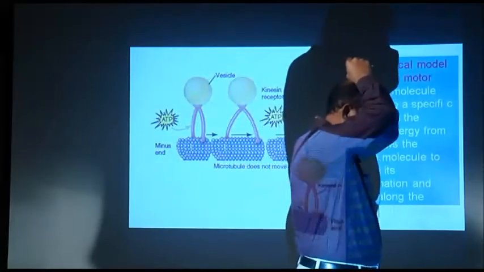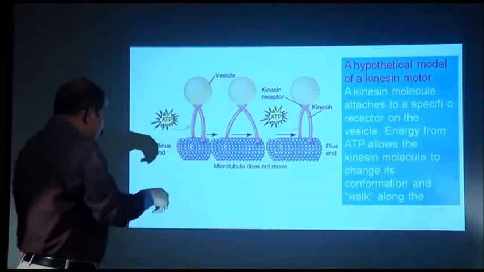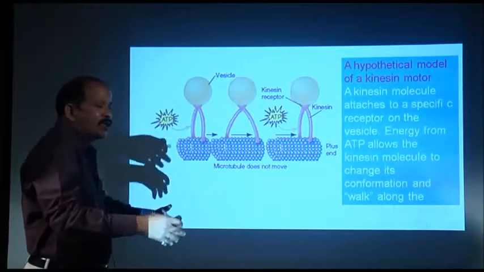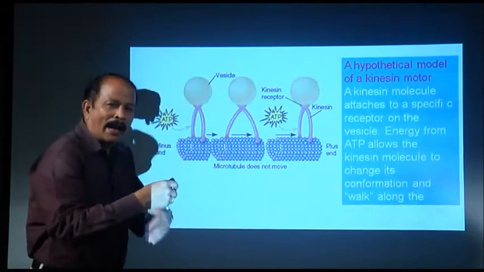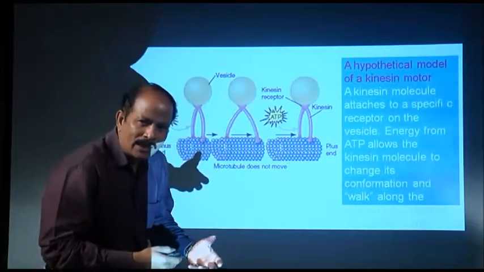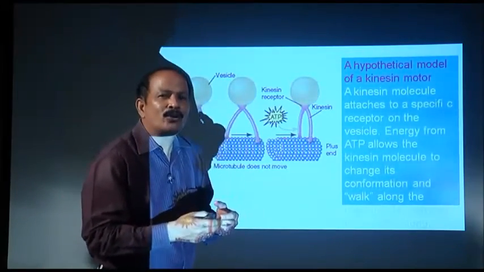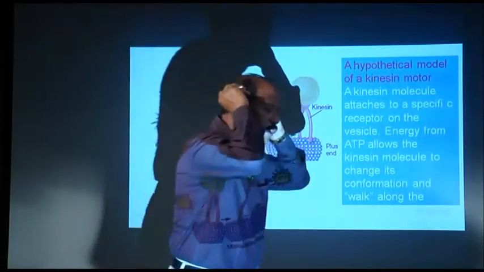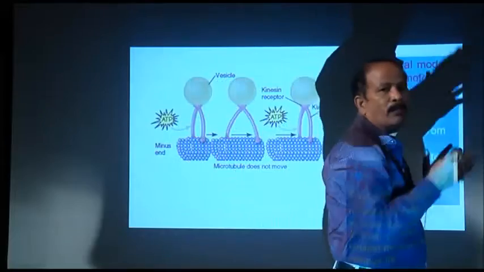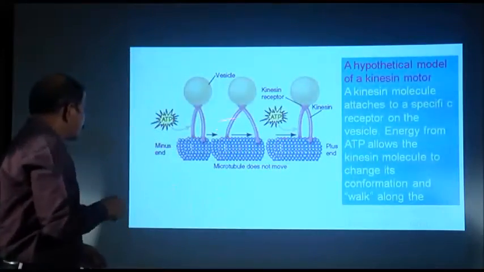This movement needs energy. So, kinesin, this protein, just a two-leg-like protein, is a motor protein, it hydrolyzes or utilizes ATP and moves, and by moving it carries the vesicle from Golgi to the site of the plasma membrane. So, you have to develop this concept.